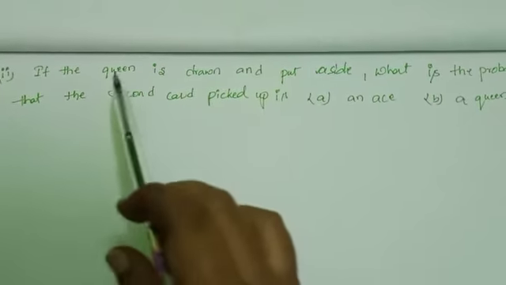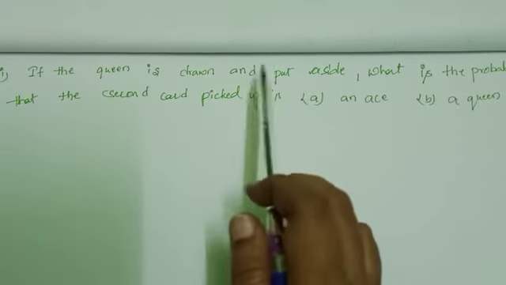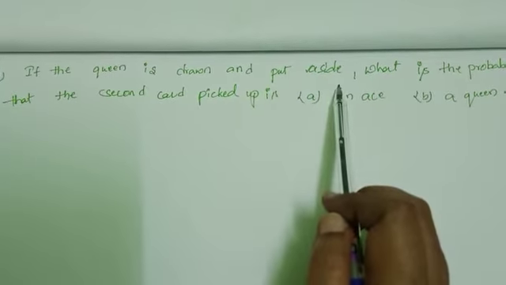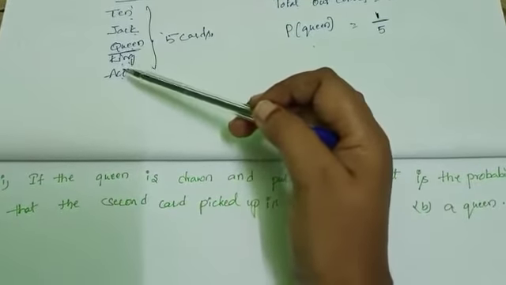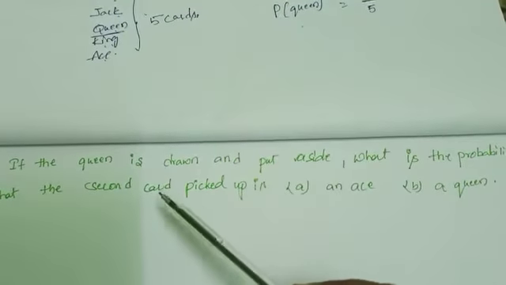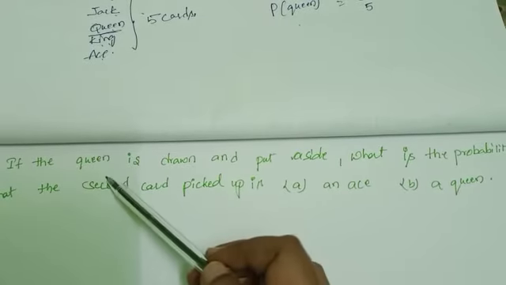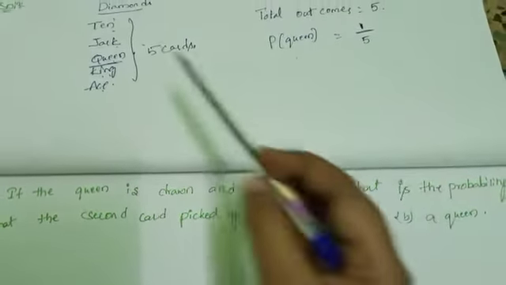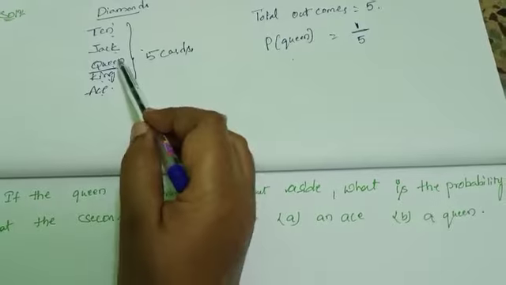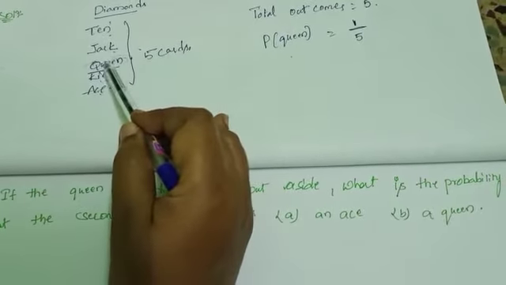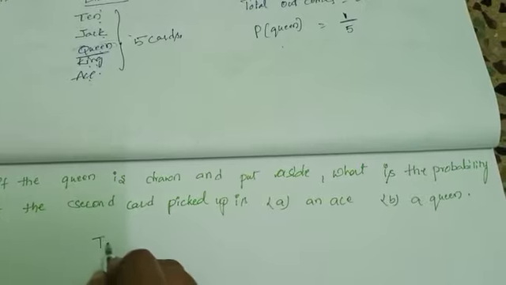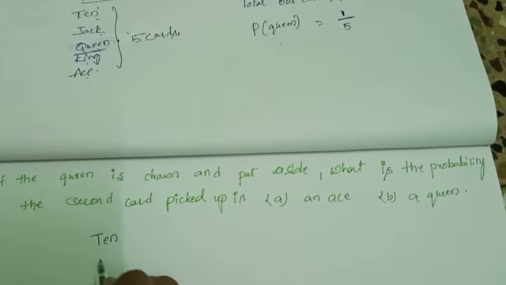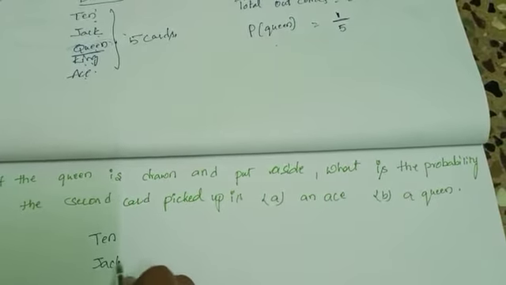Next, if the queen is drawn and put aside, we have 5 cards: 10, Jack, Queen, King, Ace. But we have already drawn the Queen card and put it aside. It means there is no Queen. How many cards do we have now? 10, Jack, King and Ace.